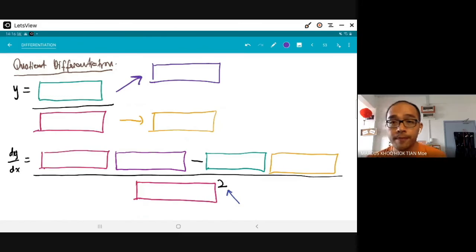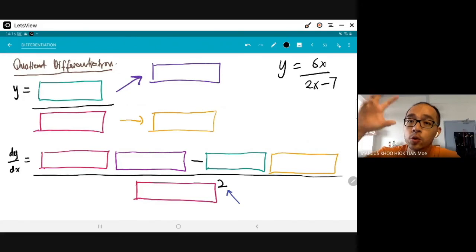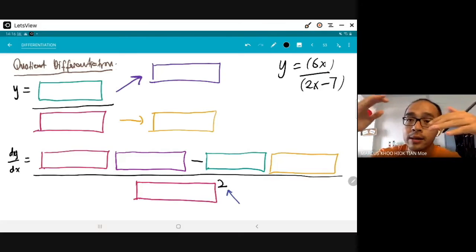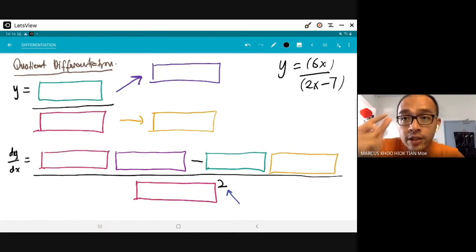Okay, page 6, question number 3. Look at how the equation is written, 6x over 2x minus 7. Okay, so the two brackets, if you want to write it as brackets, the two brackets are now divided, no longer multiplied. So a slightly different strategy, okay, slightly different strategy, pay attention.